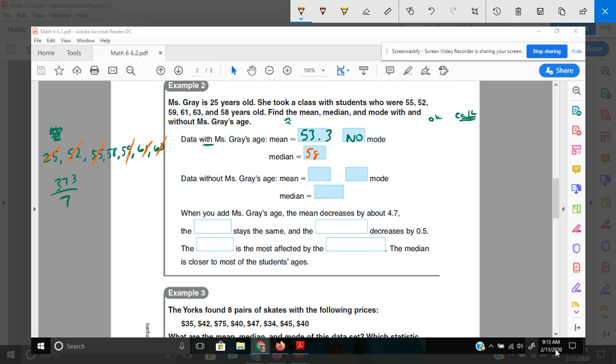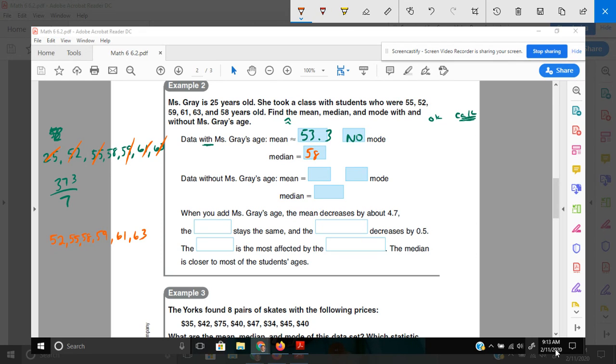All right, let's compare that to the data without Miss Gray's age. So now we're not going to add in her age, so we're just going to use the people that she took the class with: 55, 58, 59, 61, 63.